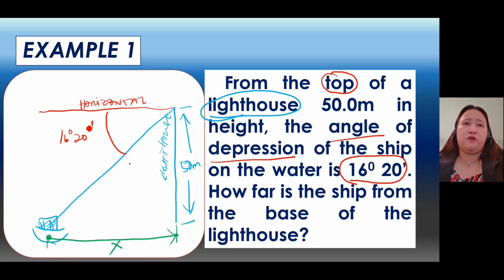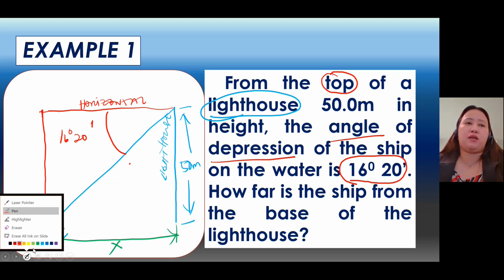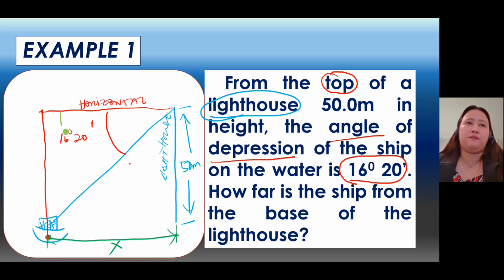In order to complete the triangle on the upper portion, we need the perpendicular on this side. The perpendicular is from the object that you can see towards the horizontal so that you can form the right triangle. So this is the right triangle that we can consider.